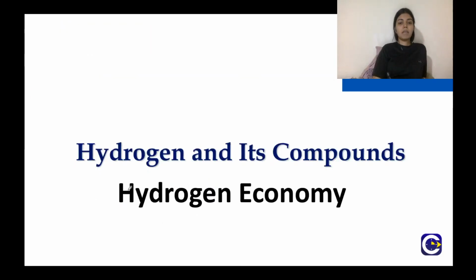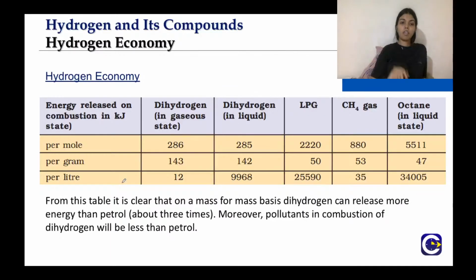Now we will study, we are just having an idea about hydrogen economy, right? So this is the last topic of the chapter. Basically, what is hydrogen economy? By comparing the amount of energy released by using hydrogen as a fuel, or LPG, or methane, or octane in the liquid state, these are the values we are obtaining.